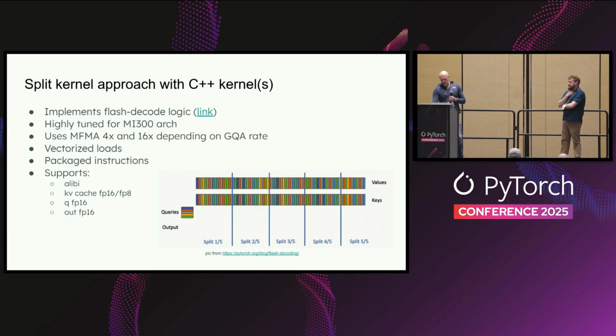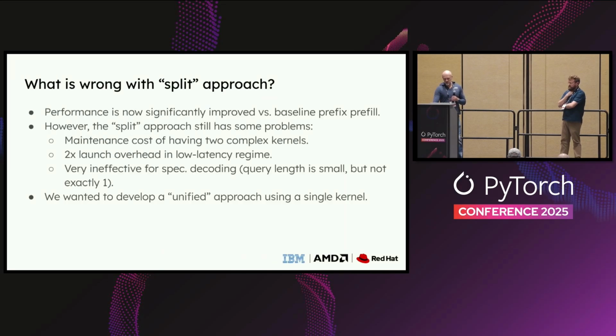And on the slide, you see lots of tunables that you can find in that kernel, as well as a link. It's implemented in C++. While the kernel is great, it again has lots of tricks, and even for a person knowing C++, it's not very easy to understand.